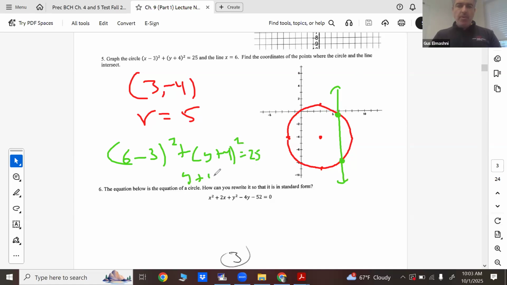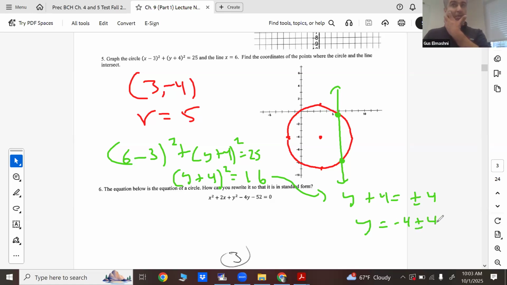So y plus 4 squared equals 16. y plus 4 equals plus or minus 4. So -4 plus 4, -4 minus 4. I didn't draw it the greatest, but the points are 6, 0, and of course 6, -8.